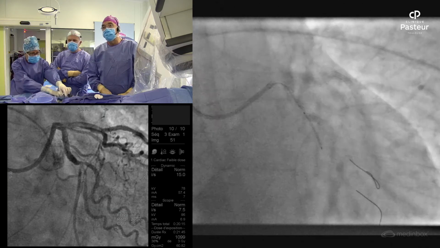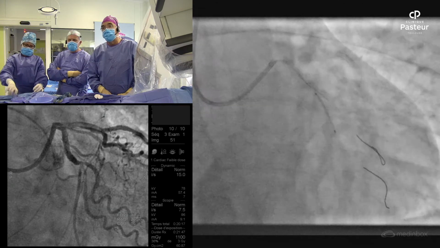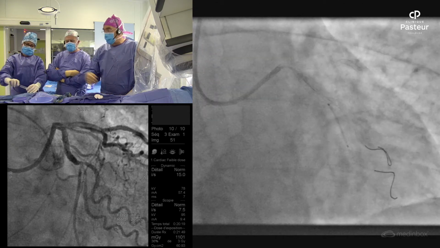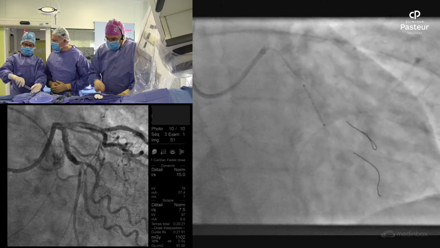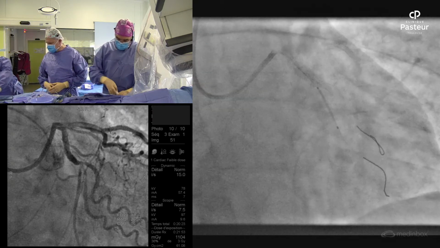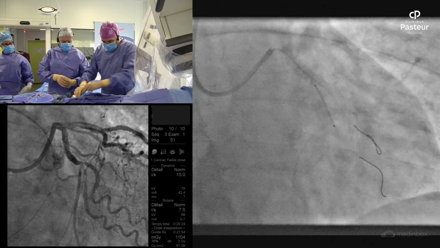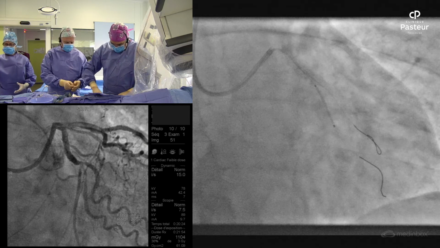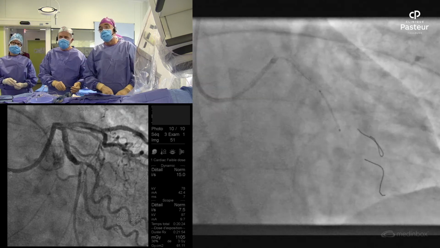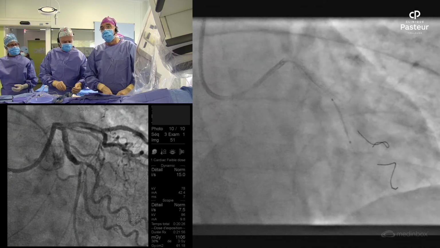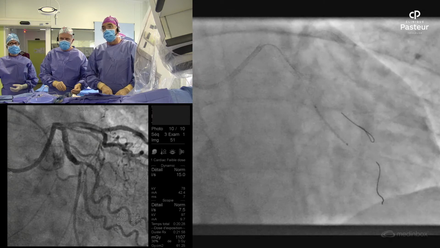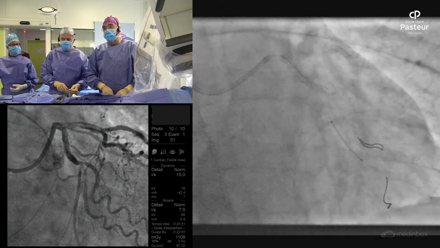We can place the balloon a little bit distal in the OM. That's good. And now take a 2.5 balloon on the other wire. So this is the typical TAP technique.